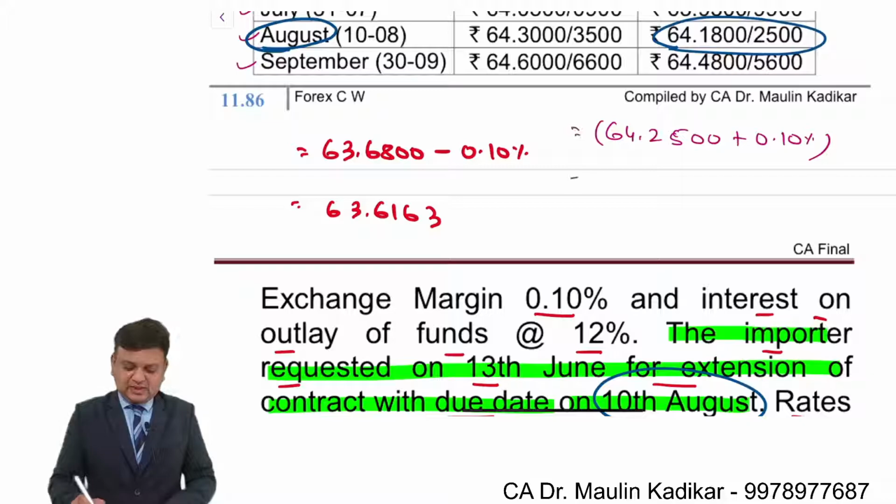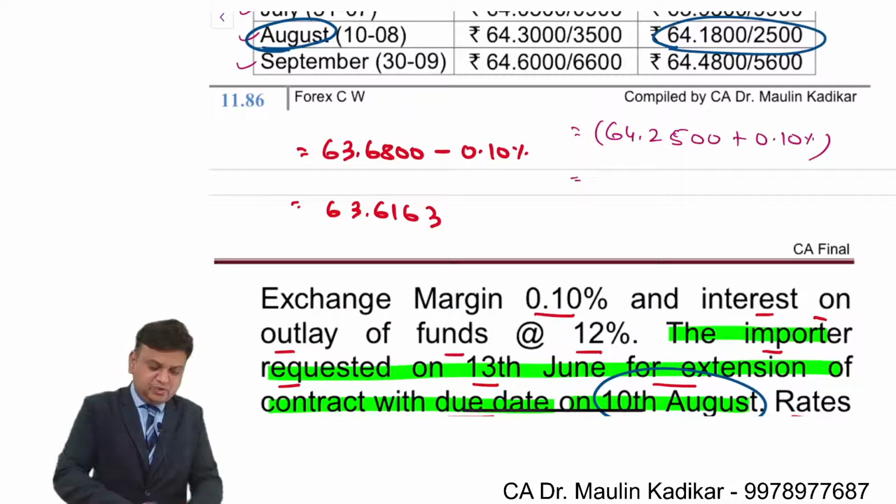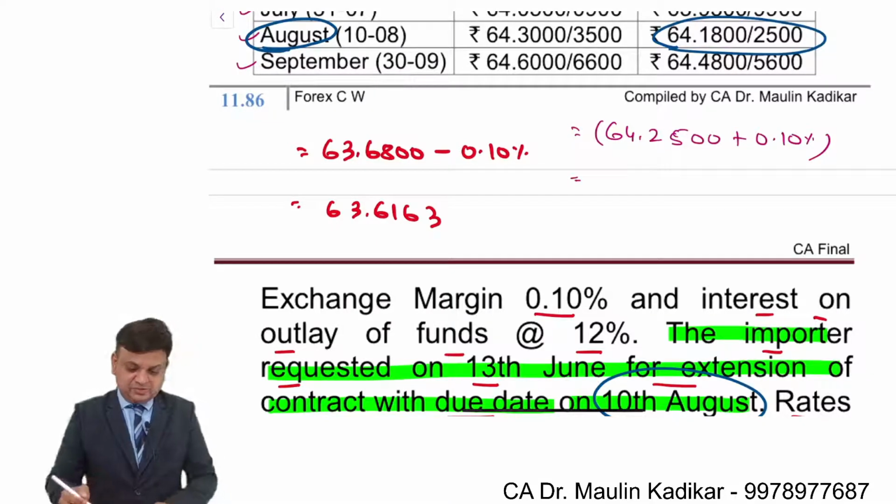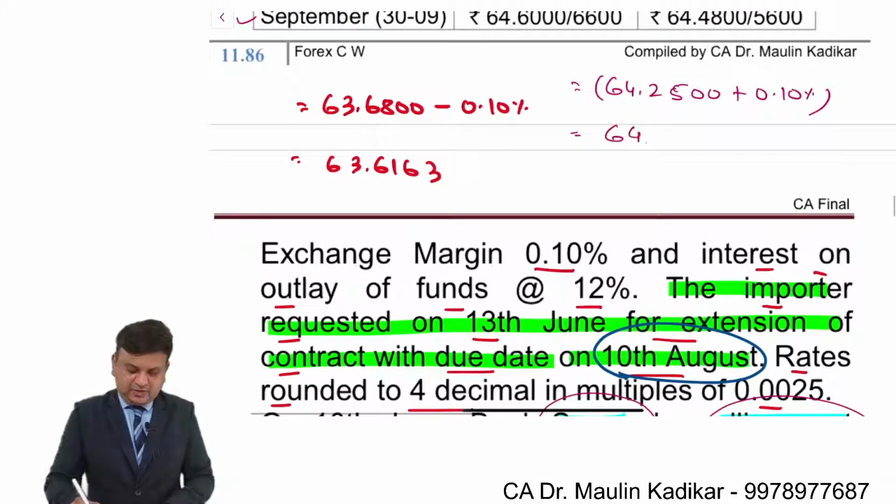Why plus over here? Because we understand it is sell of rupees and purchase of dollar, so the amount of rupees that you have to pay will increase. So 64.25 plus 0.10 percentage, so 64.3143.